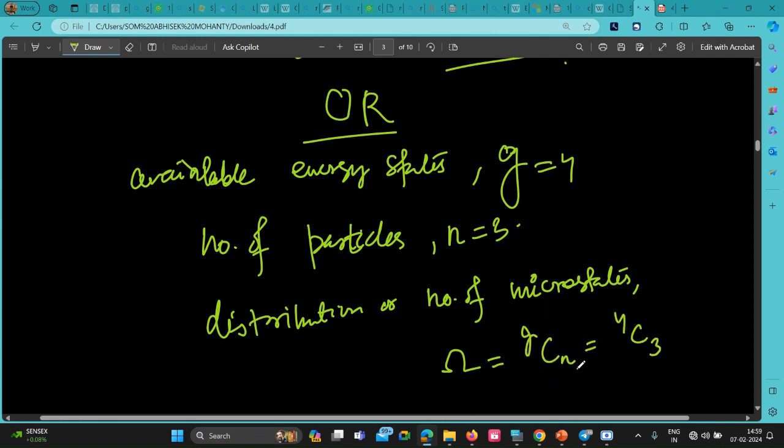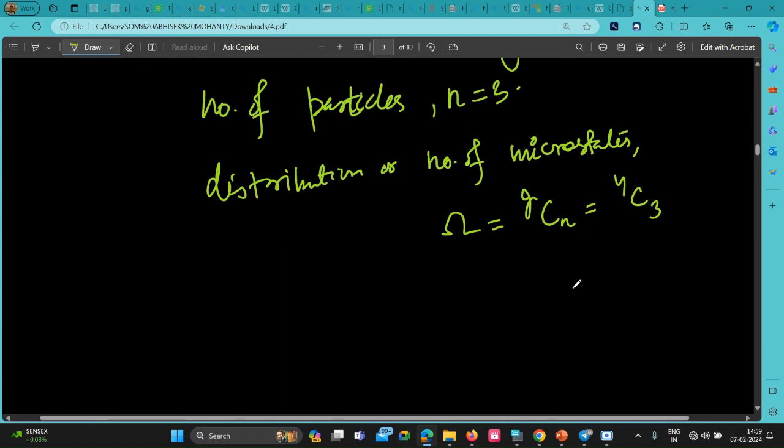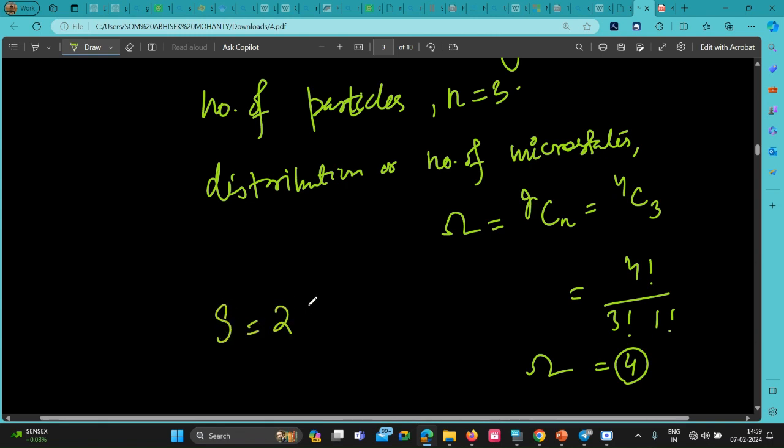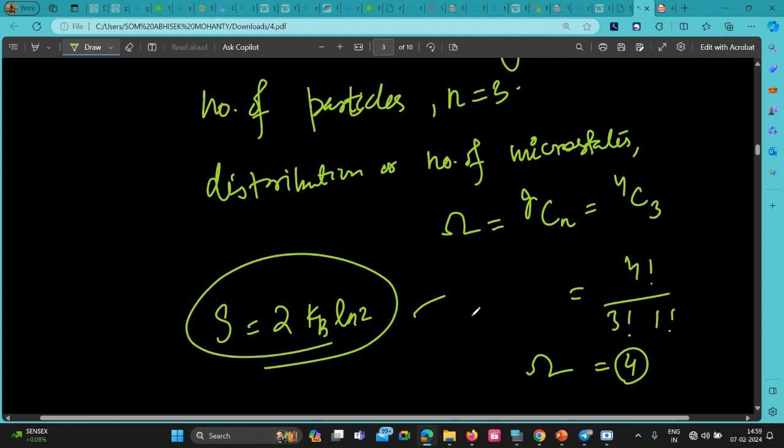This is for fermions, that's why. So 4 factorial by 3 factorial into 1 factorial, that is 4. S is equal to 2 k_B ln 2, or k_B ln 4. Okay, next.